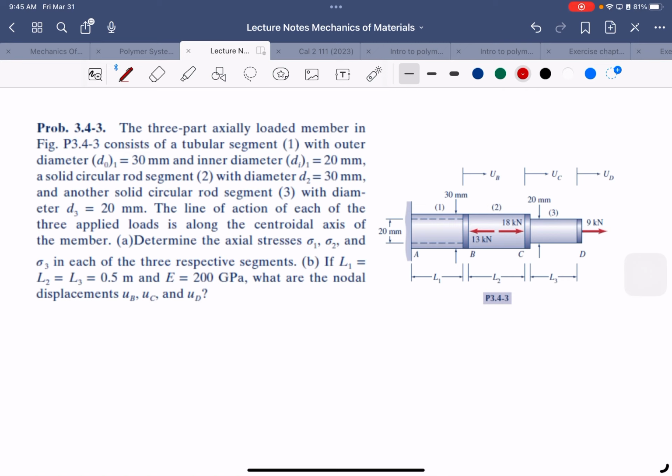So we can start with the free body diagram as usual. We can start from the left or from the right. I think still okay, so maybe start from here, from the left.